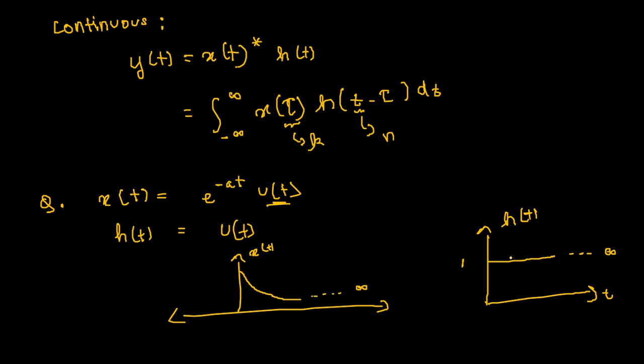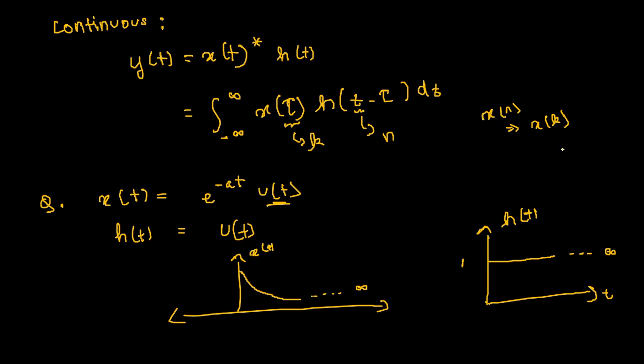That is, you keep x of t constant. You write in that instead of x of n, we used to write x of k. Since the exponential power is negative, it will be a constantly decreasing curve.